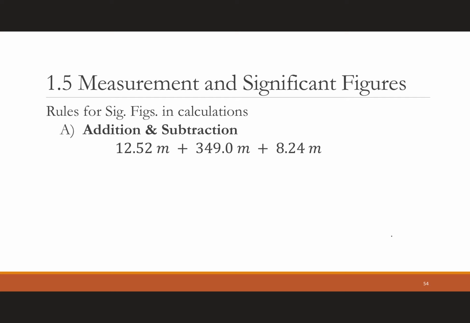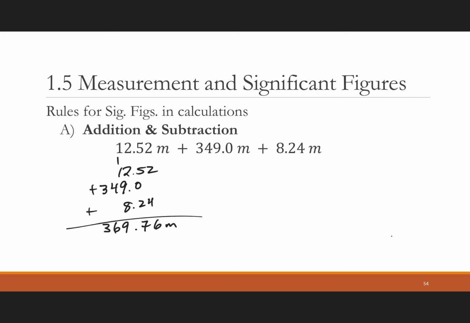Well, we'll just do it by hand, I guess. 12.52 plus 349.0 plus 8.24, you'd get 369.76 meters. Your calculator would show you that.